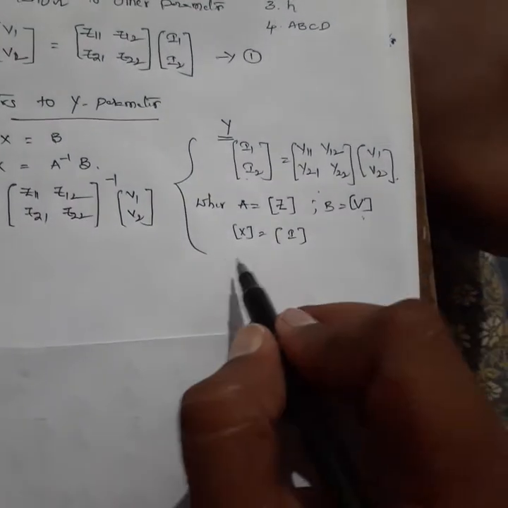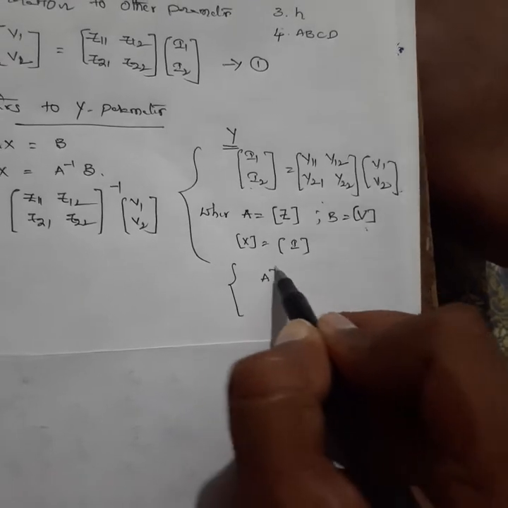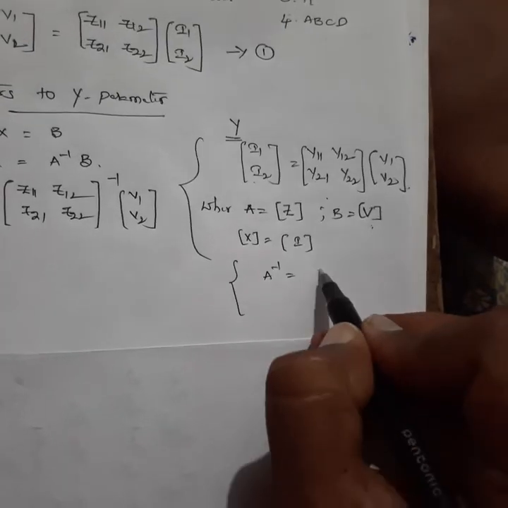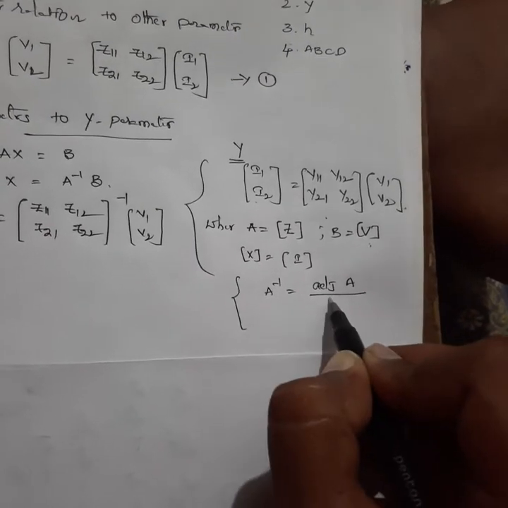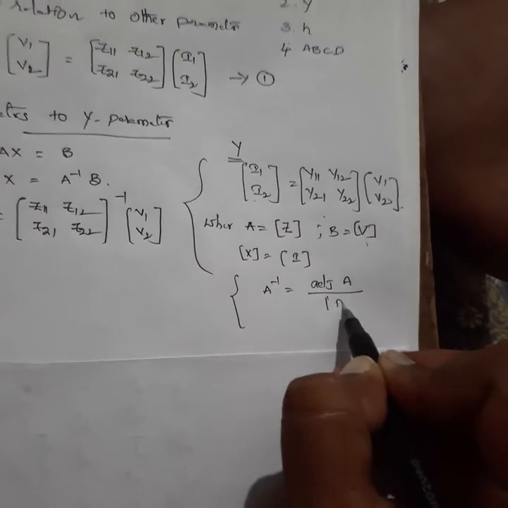Also A inverse equals the adjoint of A divided by det A.